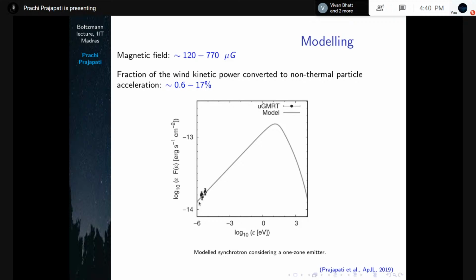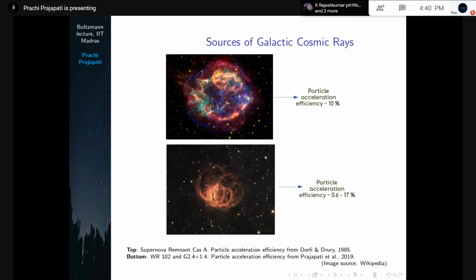To get an intuition of what kind of numbers we are talking about here and how they compare with the other sources of galactic cosmic rays, let's compare this number with supernovae. It is very well known that supernovae are one of the major sources for production of galactic cosmic rays.